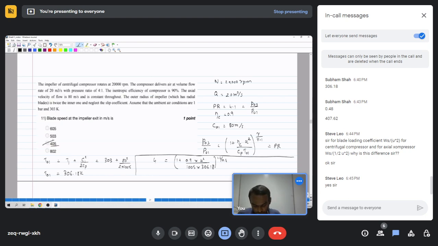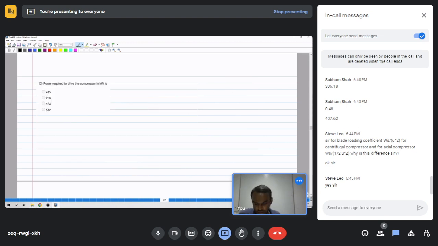Okay, so blade tip velocity we have found. Now the power required to drive the compressor.